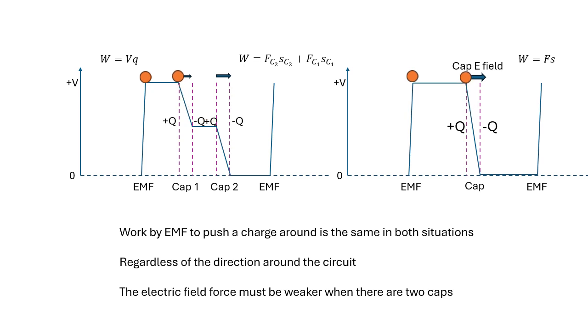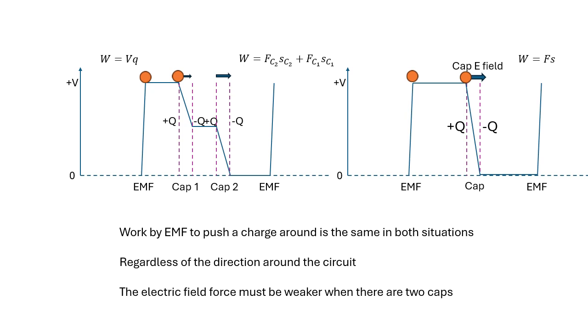So, if we do electrostatic work, on the right-hand side for a single capacitor, the work is going to be the work against the electric force times the distance across the capacitor. On the left-hand side, it's going to be the sum of the work that you do across each capacitor.